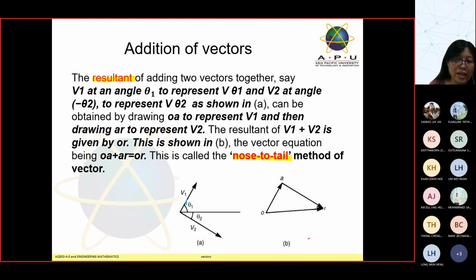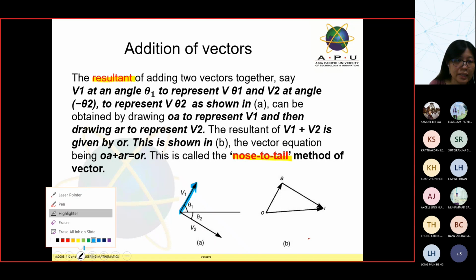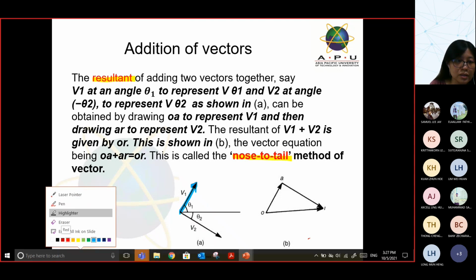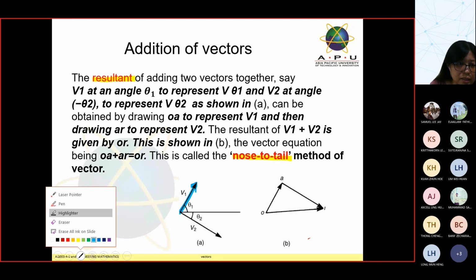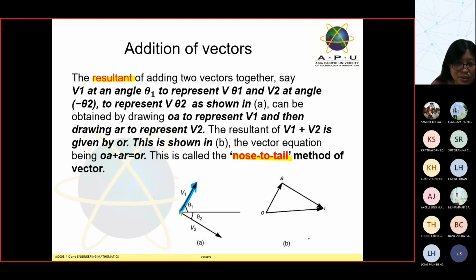You have vector V1 with this direction. Then we have another vector with this direction. So how do we actually find the resultant vector?